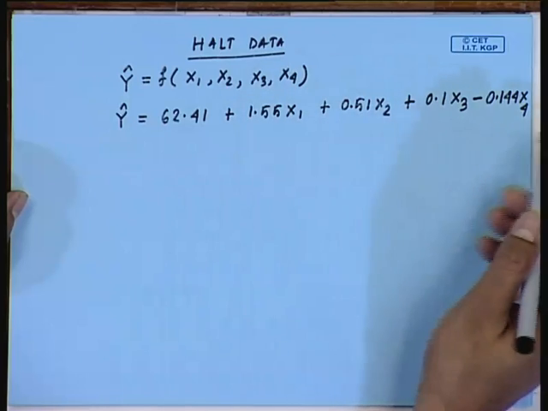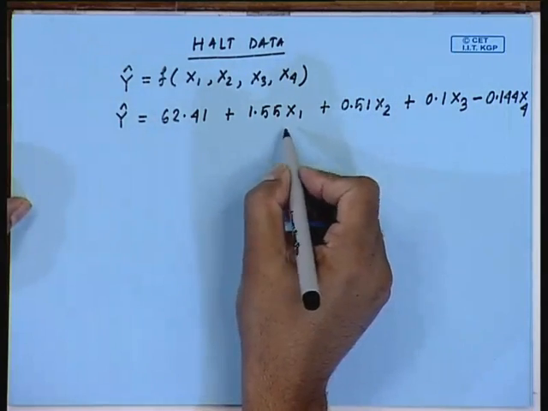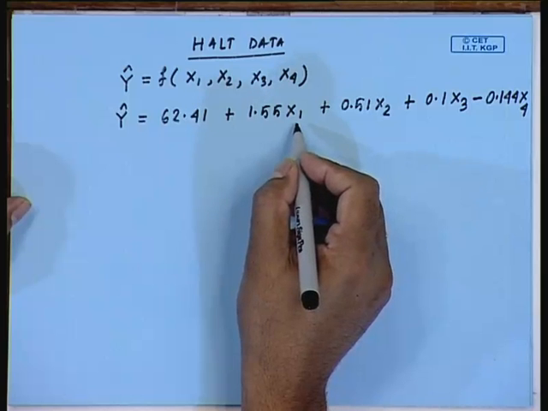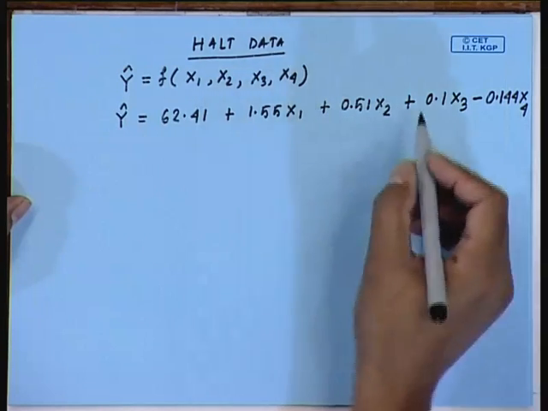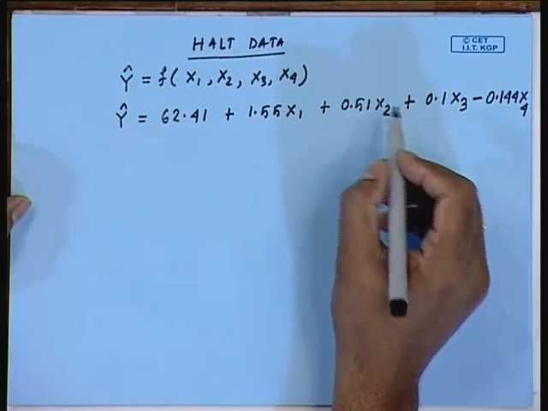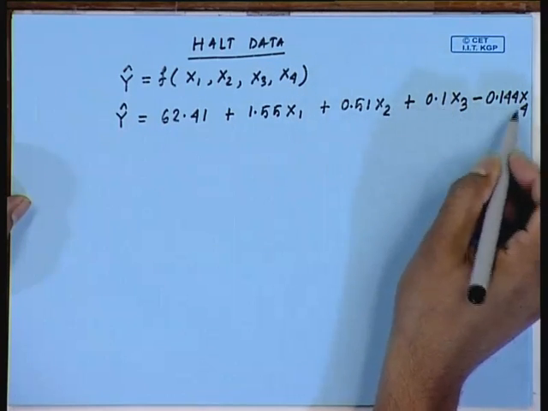So, this is the fitted model, and now what we want is that we look for the less significant regressor in this model. For that, we compute the partial f statistic associated with x1, we compute the partial f statistic associated with the regressor x2, similarly for x3 and x4.